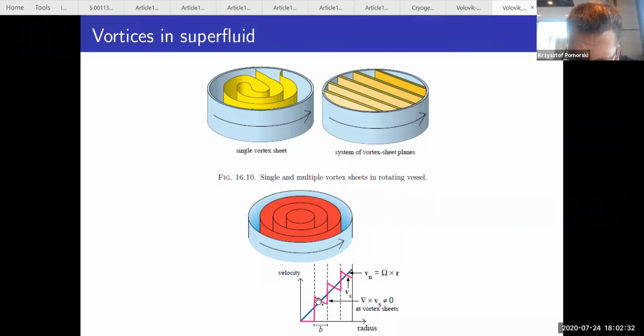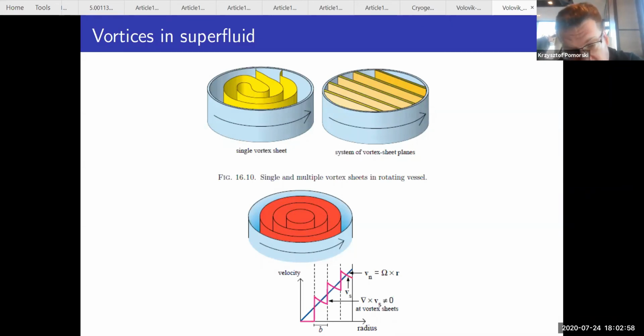This is due to multiples of the Planck constant, right? This is the postulate from the Bohr model of the atom, that angular momentum is a multiple of the Planck constant, and here it is visible on a macroscopic scale.